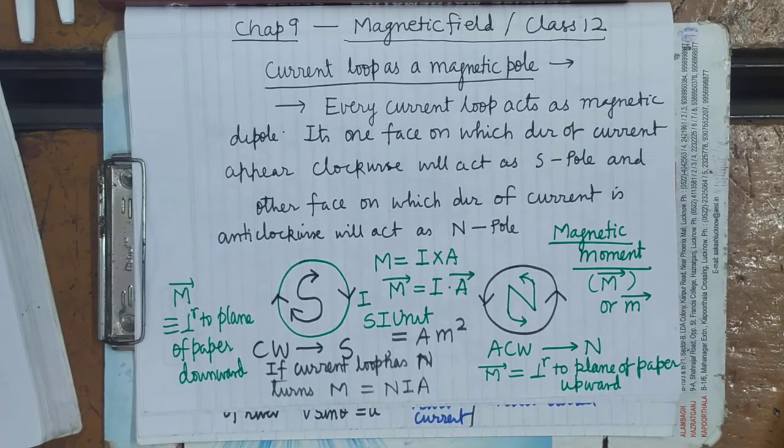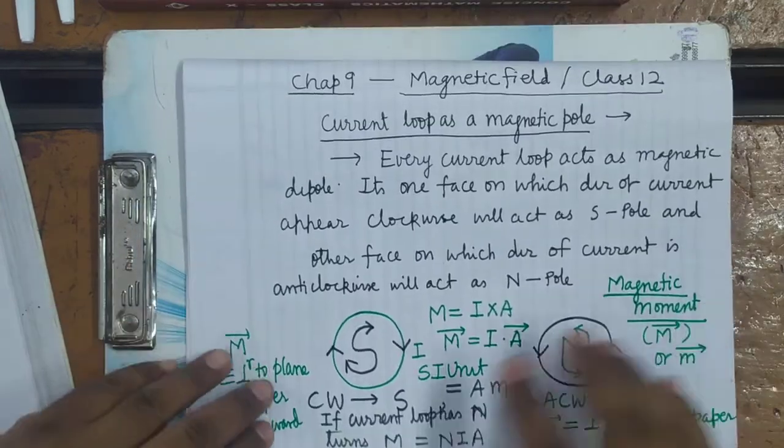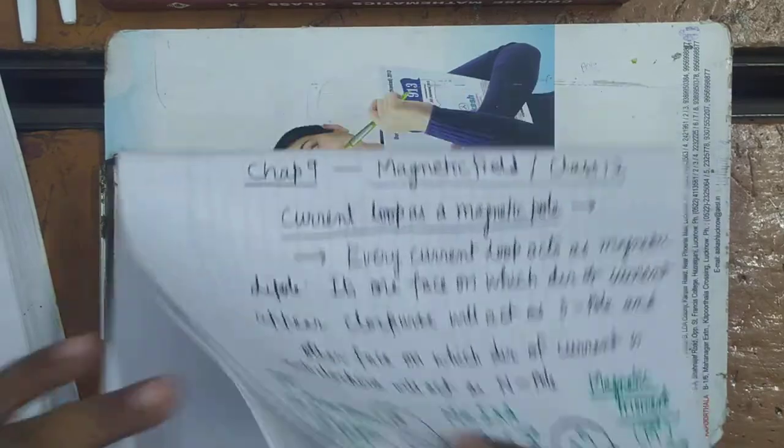Now we will see the magnetic moment of a revolving electron.